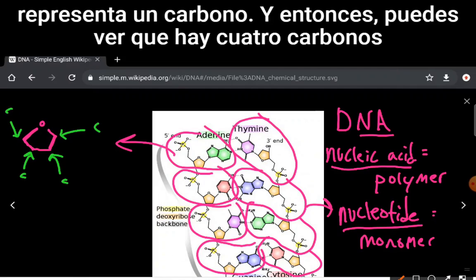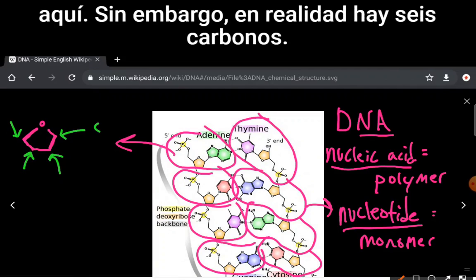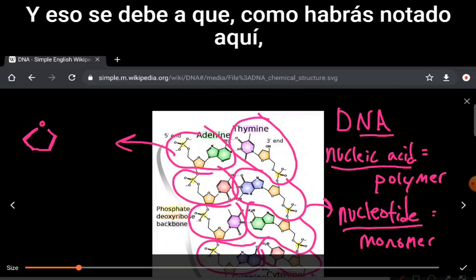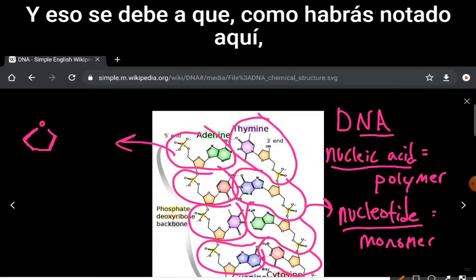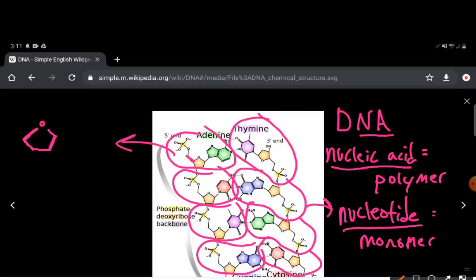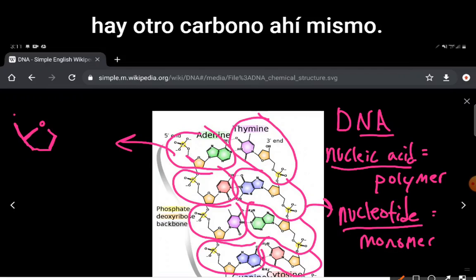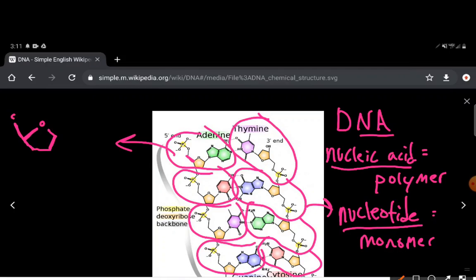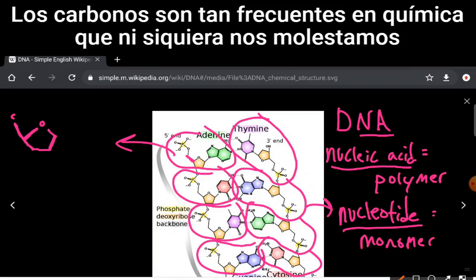And so you can see there are 4 carbons here. However, there's actually 5 carbons. And that is because, as you might have noticed here, there's another carbon right there. Carbons are so frequent in chemistry that we don't even bother drawing them really.